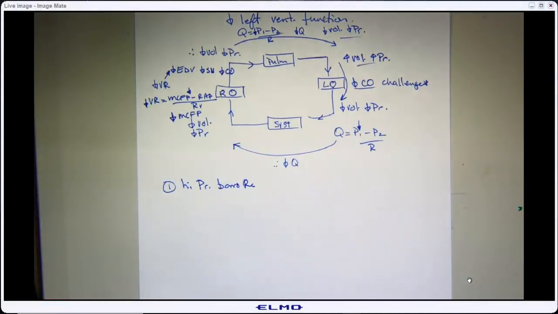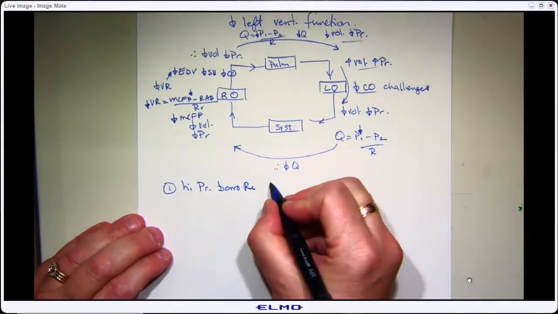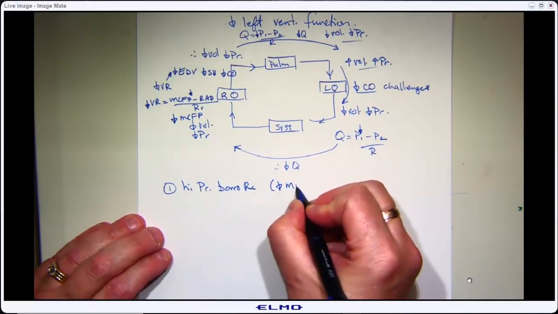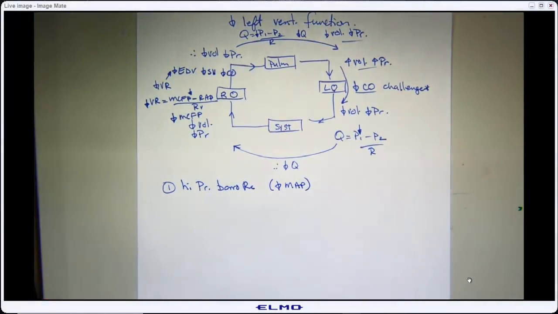Decrease mean arterial pressure, that's what we're going to be responding to. Okay, so a decrease in mean arterial pressure is going to result in what regarding our sympathetic nervous system? Increase or decrease sympathetic nervous system? Is the sympathetic nervous system going to be wound up by a drop in mean arterial pressure or turned down?